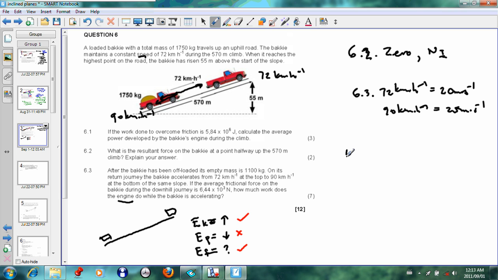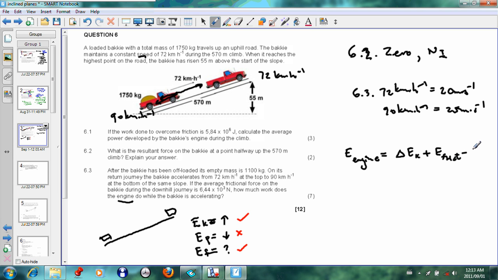So if you look at the energy that had to be overcome by the engine, it will be your change in kinetic energy, because there was an increase in your kinetic energy. It will also be the energy needed to overcome friction. And because you're going down the slope, your potential energy is actually helping the engine.